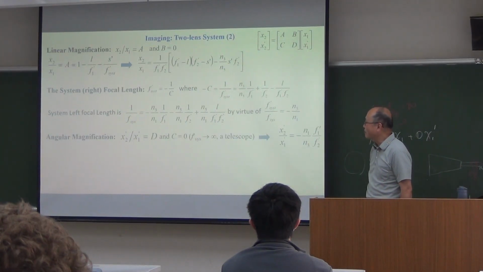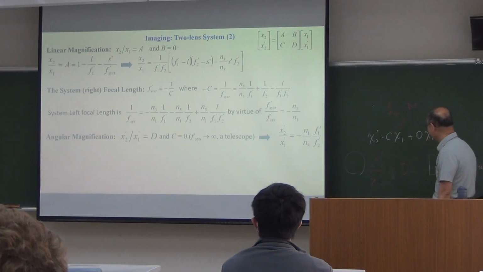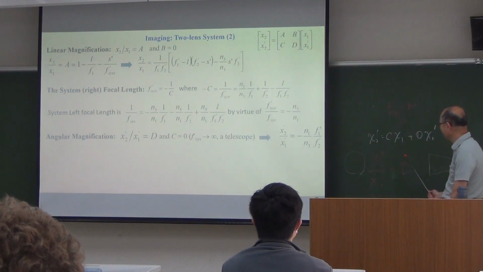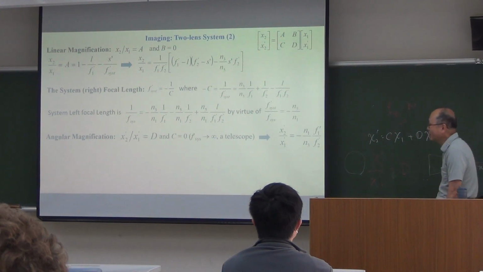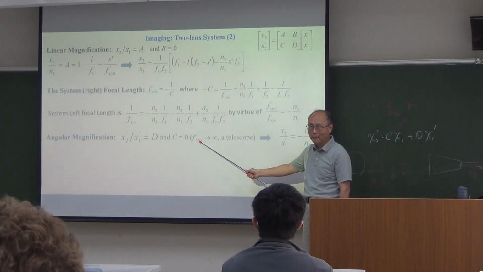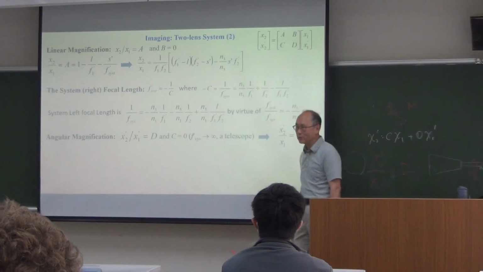And the angular magnification is based on the concept of a telescope. A telescope, by definition, has infinite system focal length on the right, and that corresponds to C equal to 0.